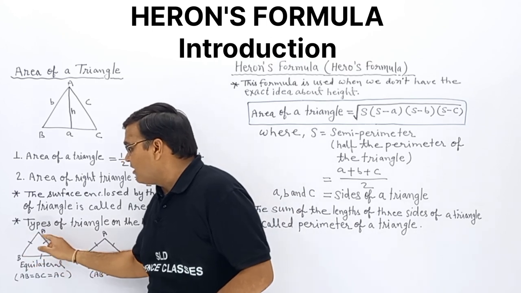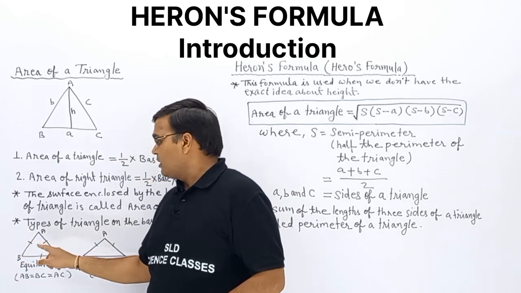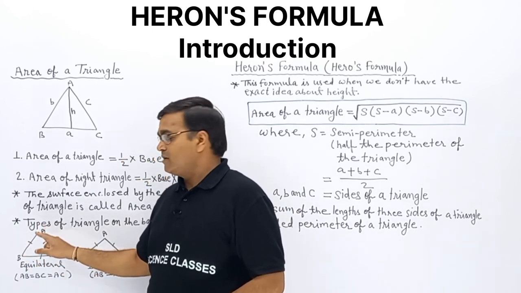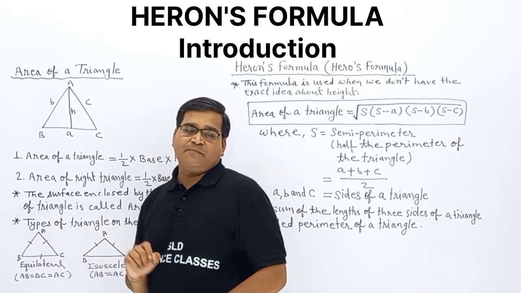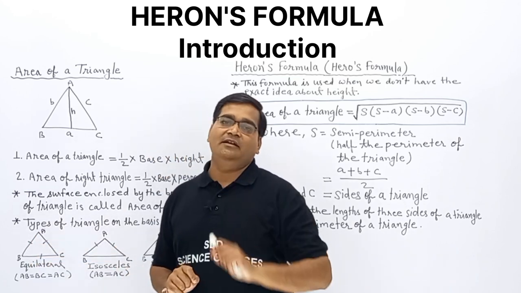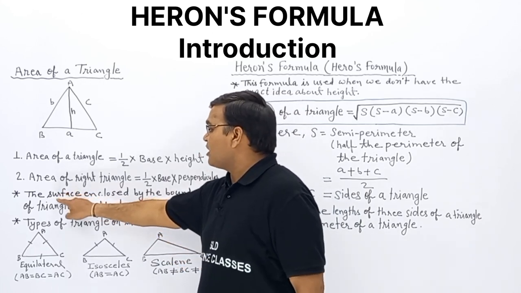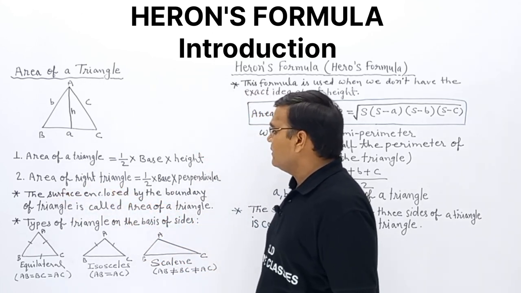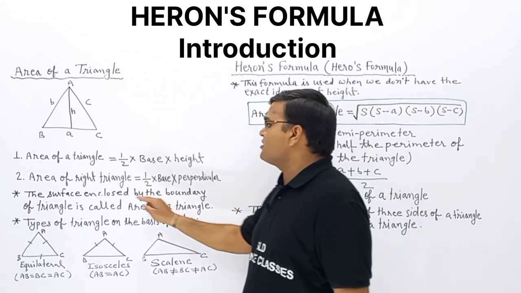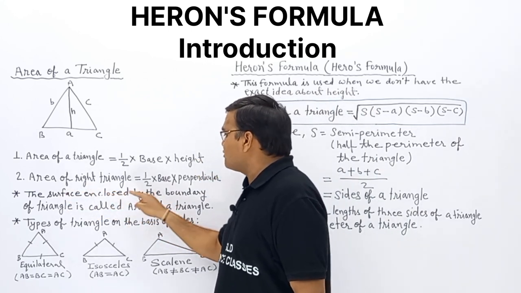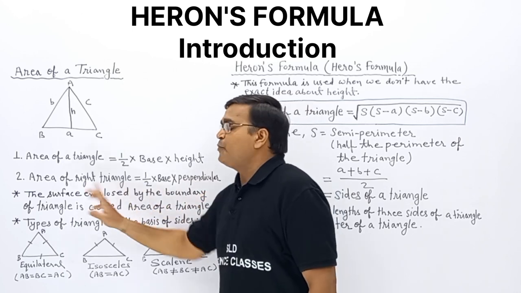Whatever area is enclosed by these sides is the area. So the area is the surface enclosed by the boundary of the triangle.